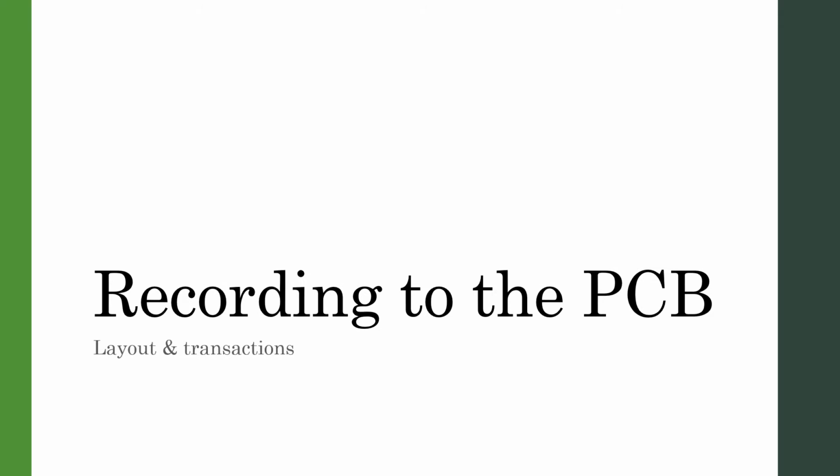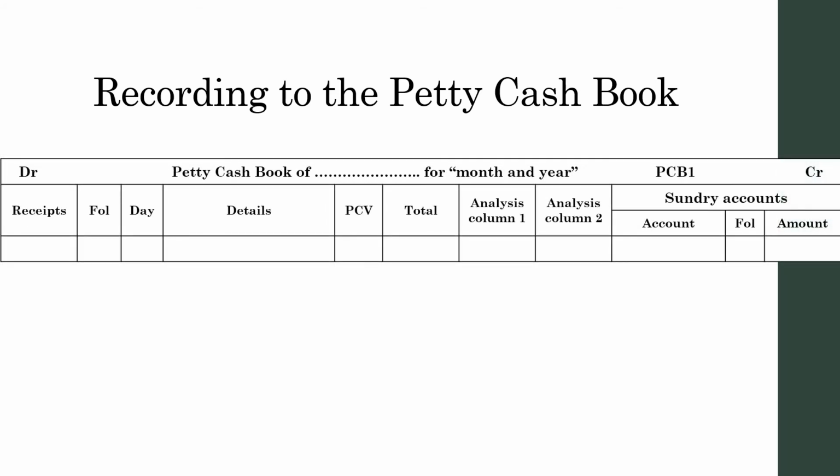We will now look at how to record transactions into the petty cash book. Recording to the petty cash book. First, you need to understand the layout of the petty cash book. There is a debit side and a credit side, just like in the cash book and any other ledger account.